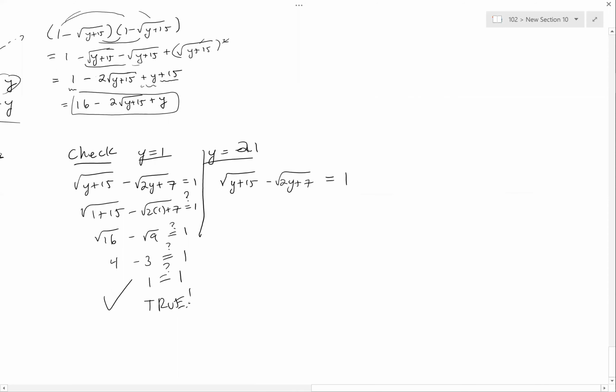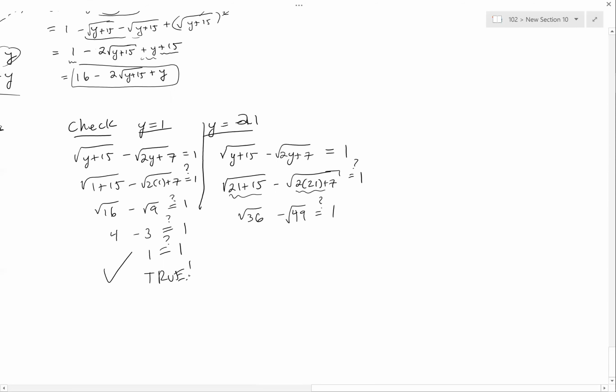The right-hand side here, I'm going to substitute 21 in. So here I'll end up with the square root of 36. Here I'll end up with 42 plus 7, that's 49. Square root of 49. This becomes 6 minus 7.